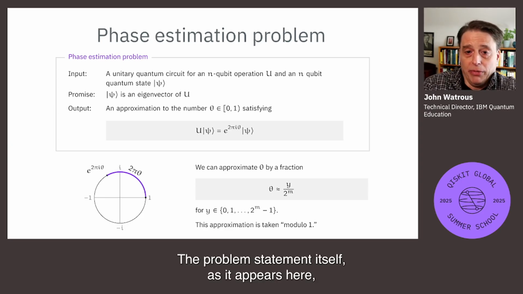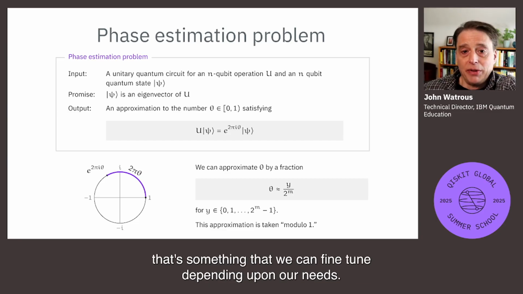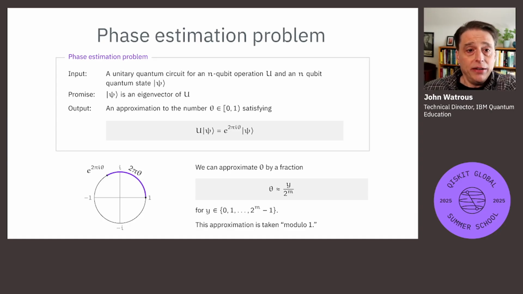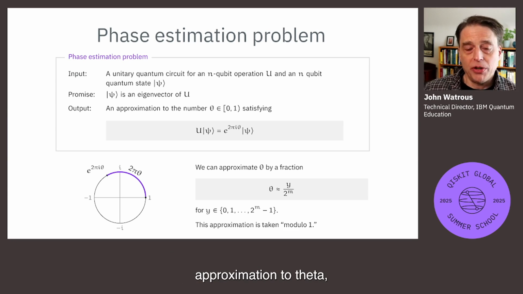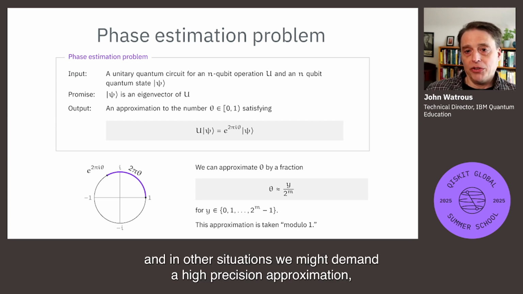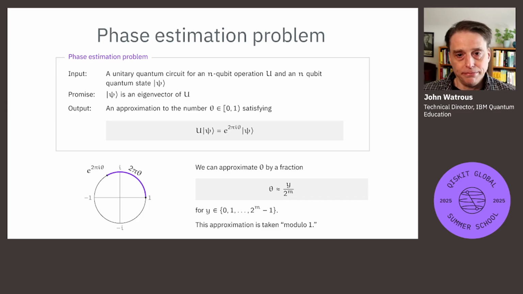The problem statement itself, as it appears here, isn't specific about how good the approximation to theta needs to be. That's something that we can fine-tune depending upon our needs. In some situations, we might be satisfied with a low precision approximation to theta, and in other situations, we might demand a high precision approximation, and the problem statement can be refined accordingly.